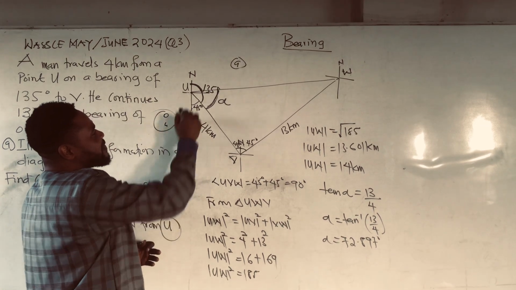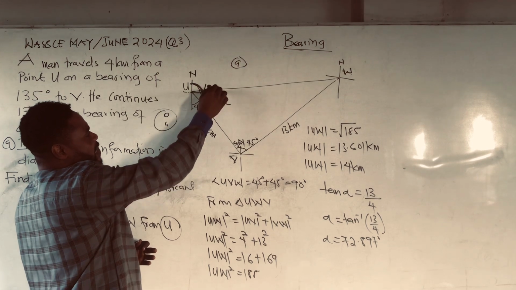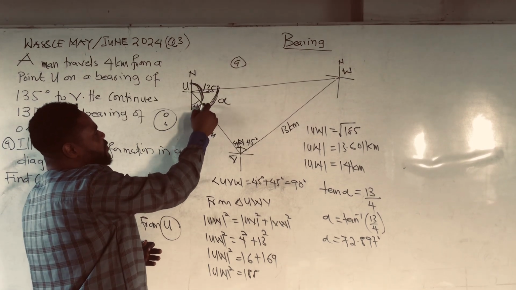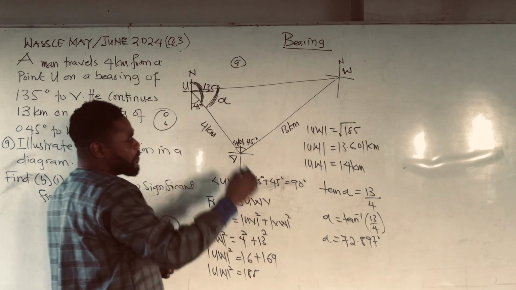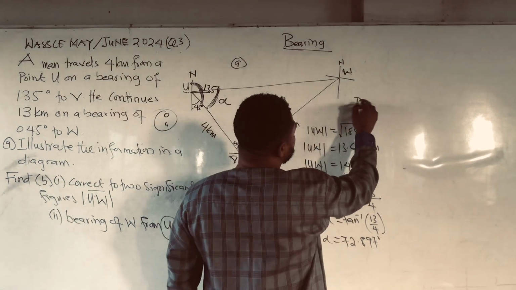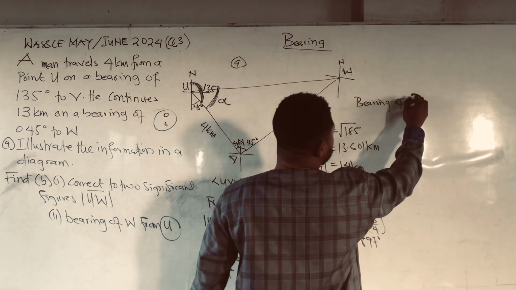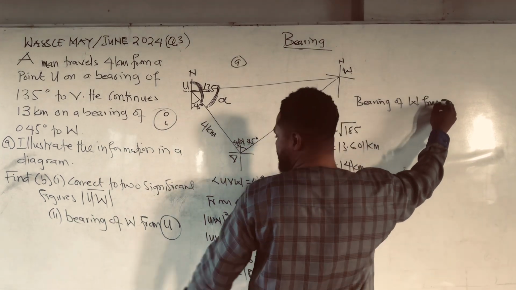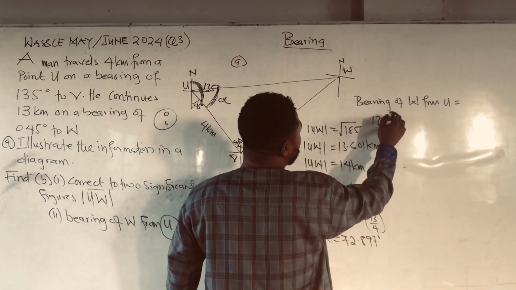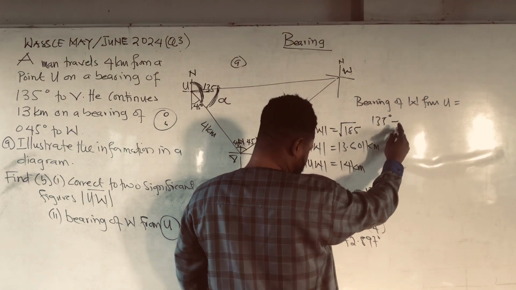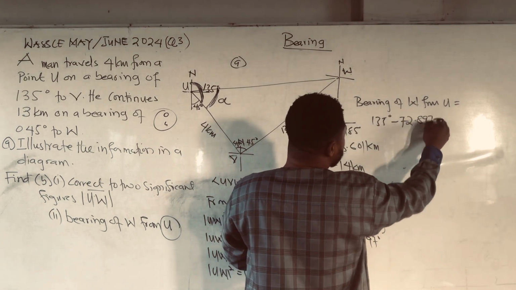And since we know that from here to here is 135 degrees, and we know the angle here, we are going to subtract it from the 135, and that will give us from here to here. Therefore, we can say that the bearing of W from U is going to be 135 degrees minus 72.897 degrees.